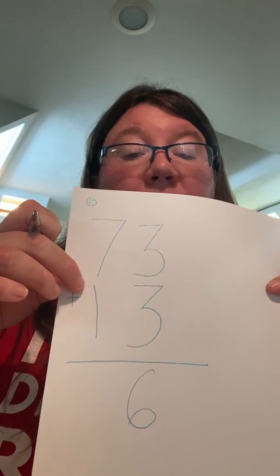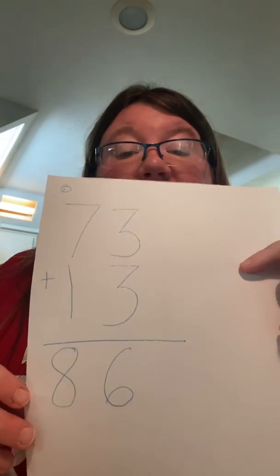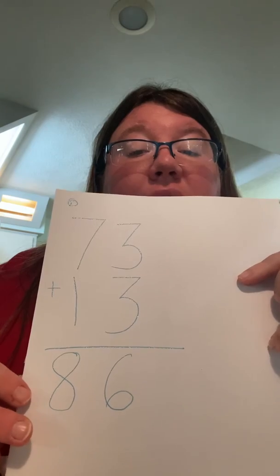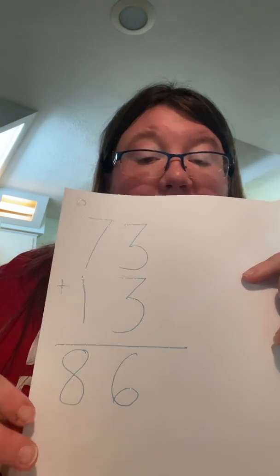Seven plus 1 equals 8. How many points did Michael and his friend score together? 86. Very good.